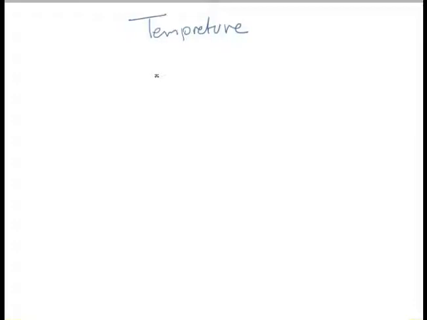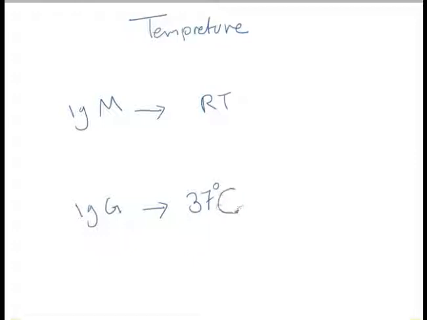There are two types of antibody involved in the hemagglutination process, which are IgM and IgG. Each one of them has an optimal temperature to work at. For example, IgM works better at cold temperature, so it works at room temperature or lower, while IgG needs a quite high temperature, so it works better at 37, which is the body temperature.